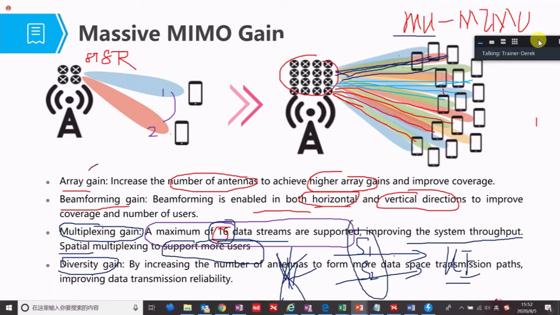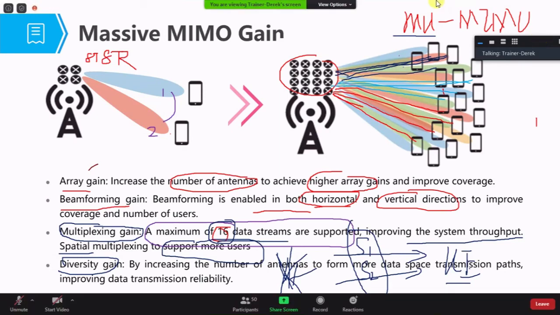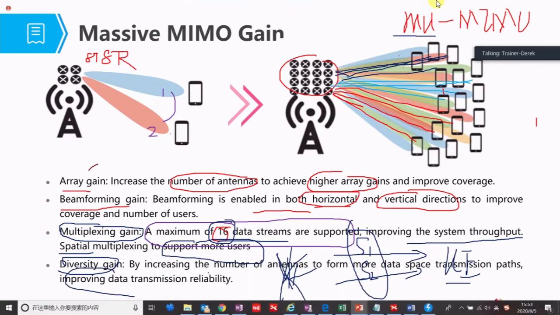Send the same data to the UE. It can give the transmission good reliability and improve the data transmission reliability. This is diversity gain.